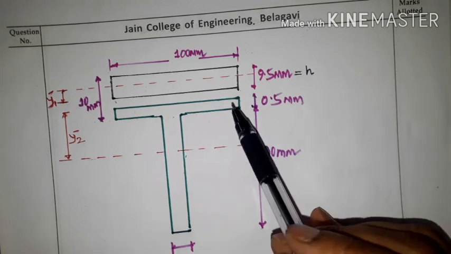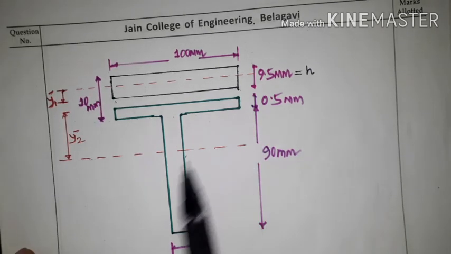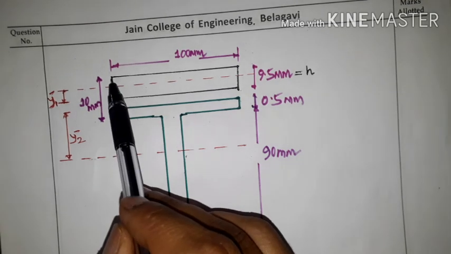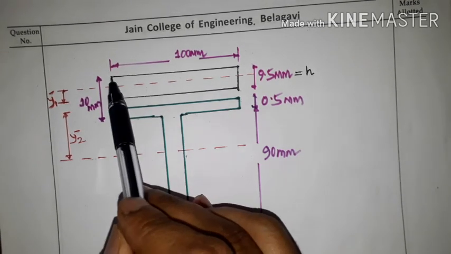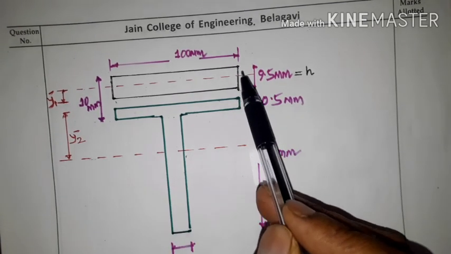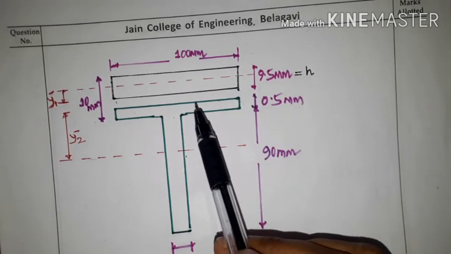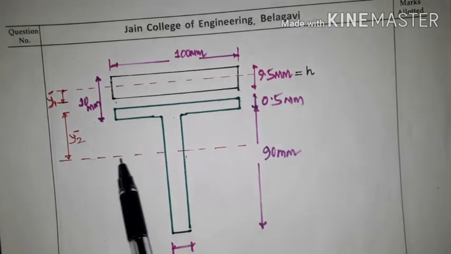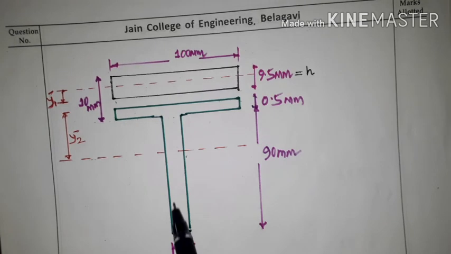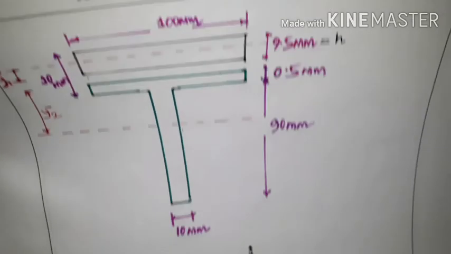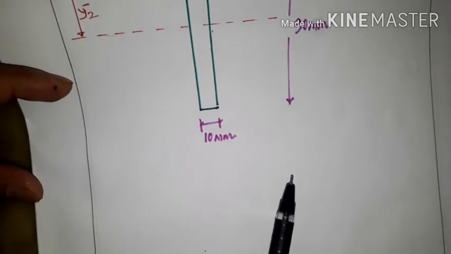Okay, so now we have to find out y1 bar and y2 bar. This part is purely rectangular, so y1 bar is directly the depth, that is the height divided by 2. We have to locate y2 bar for the other part, so we'll calculate for that.